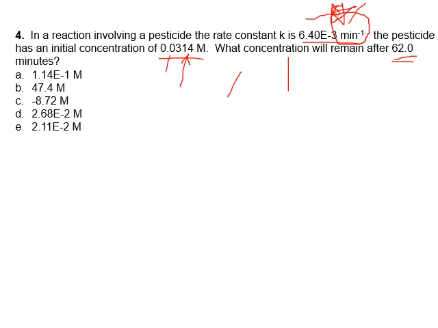Anyway, so take that, multiply your k, 6.4 times 10 to the minus third, minutes to the minus 1, multiplied by 62 minutes. The minutes and the minutes to the minus 1 are going to cancel, and you're going to wind up with a number. And then multiply that by minus 1 because it's minus kt. And then add, but it's going to be a negative number, so you'll actually be subtracting whatever you get when you do the logarithm of 0.0314.